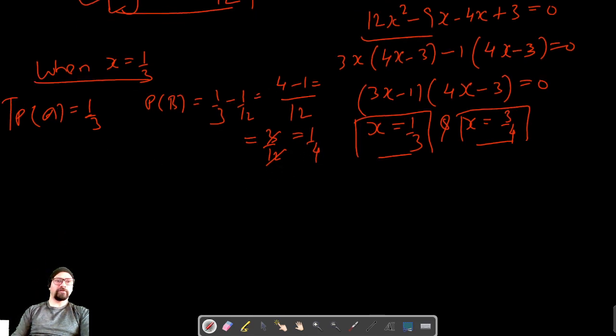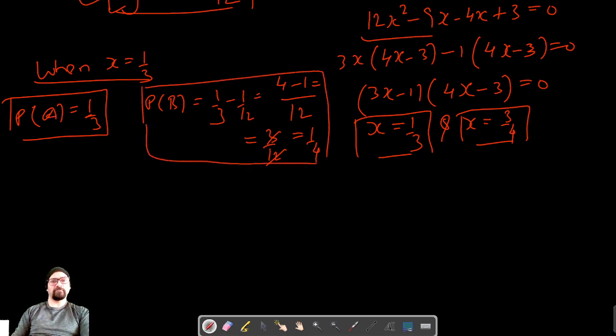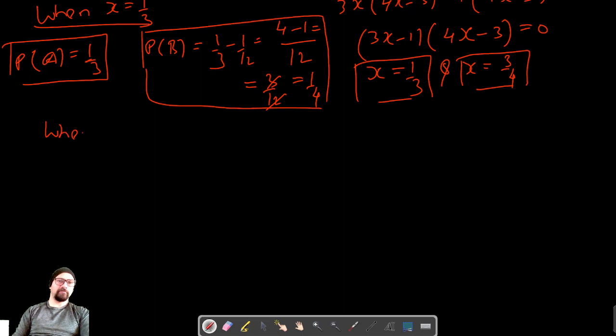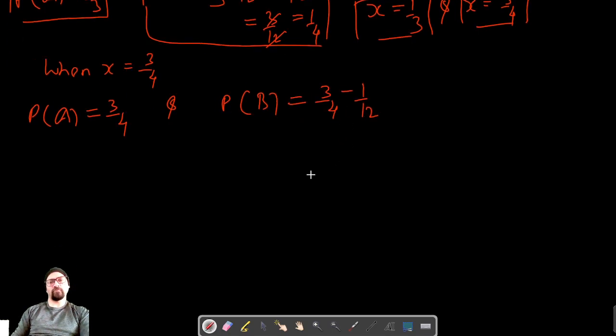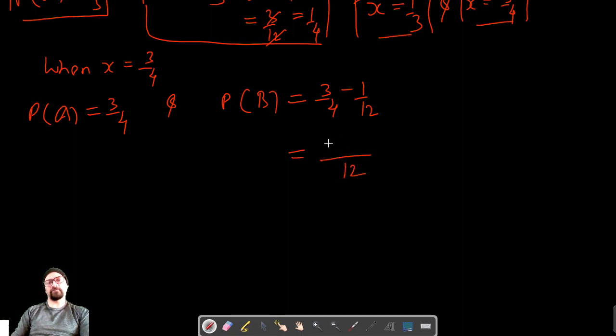So when x is equal to 1 by 3, probability of A is 1 by 3 and probability of B is 1 by 4. And when x is equal to 3 by 4, probability of A is 3 by 4, and probability of B is 3 by 4 minus 1 by 12. So this is 12, 9 minus 1, which is 8 by 12. So this is 2 by 3.